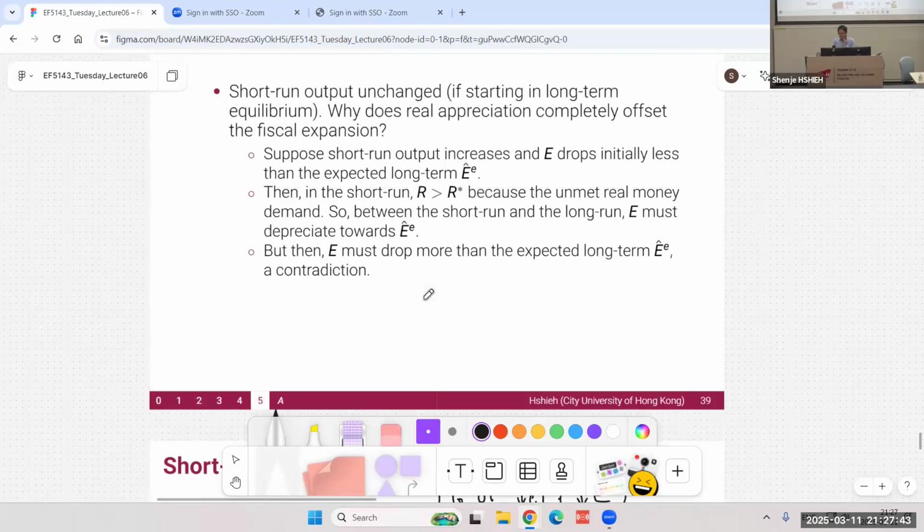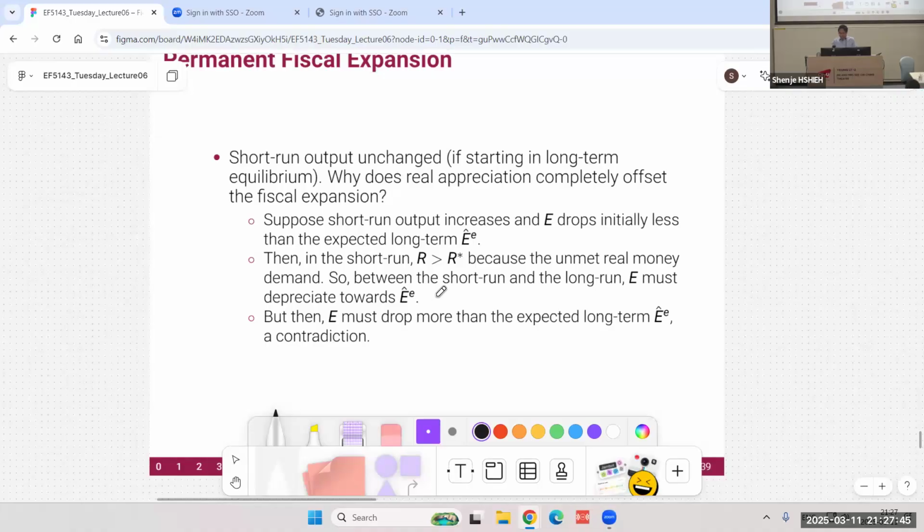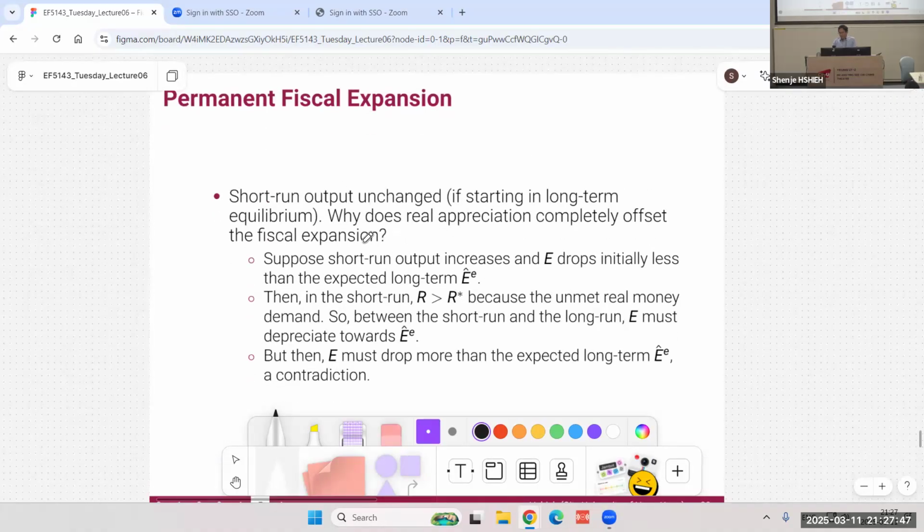All right, you're going to be asking me why. Well, let me tell you why. To prove this, we have to rely on something in mathematics called proof by contradiction, meaning that we're going to assume that there is an output effect and show you that that's going to lead to a contradiction.